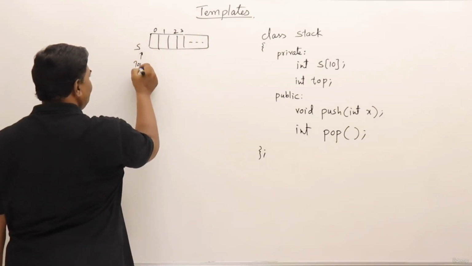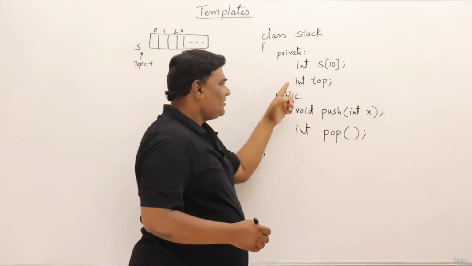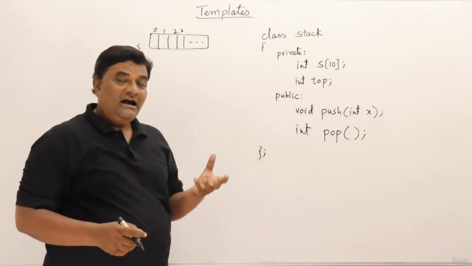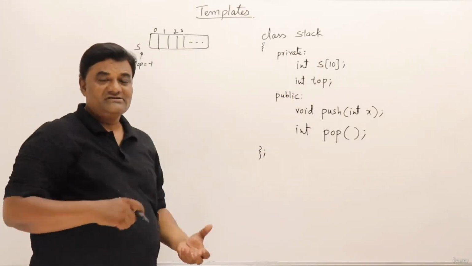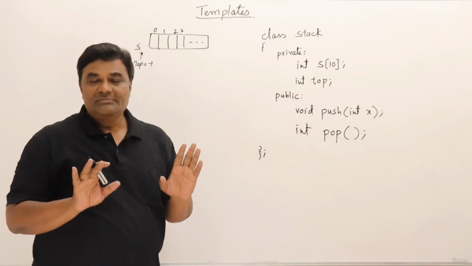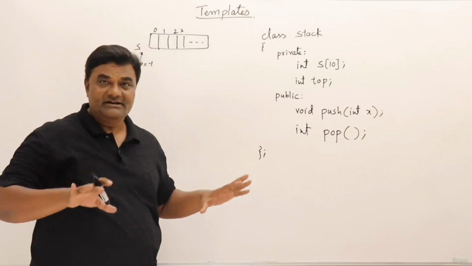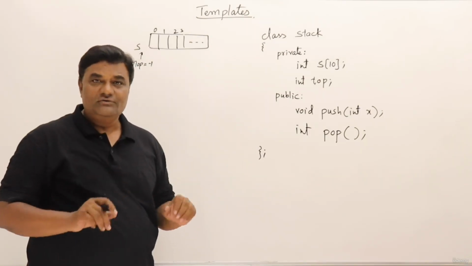So initially, mostly we know that top pointer will be at -1. So I have an array and a top pointer. Then I have function for pushing a value into the stack and I have a function for popping a value from the stack. So briefly about the class I have explained you, that is stack. I don't want to explain everything about stack. Just briefly I told you.